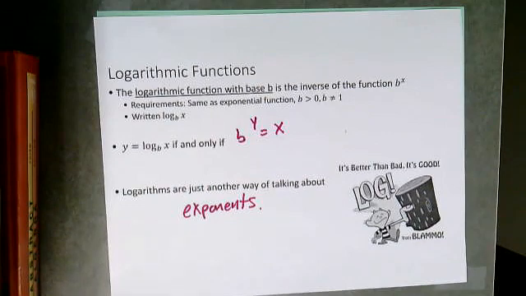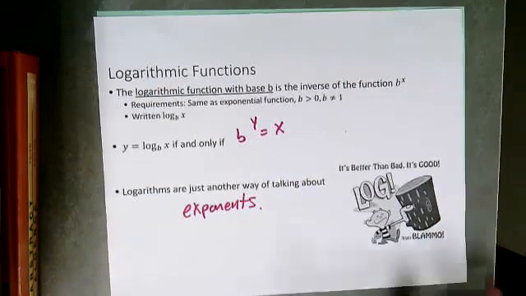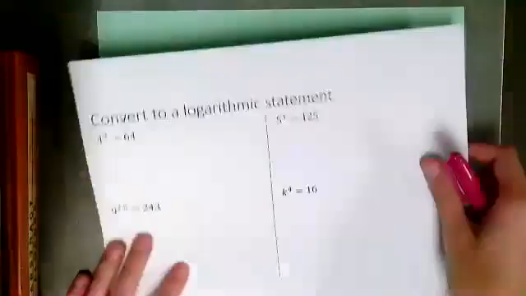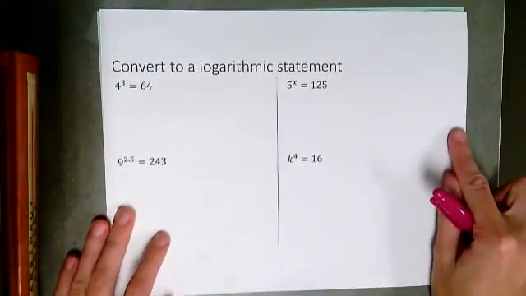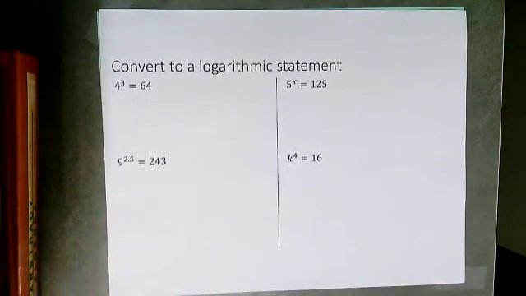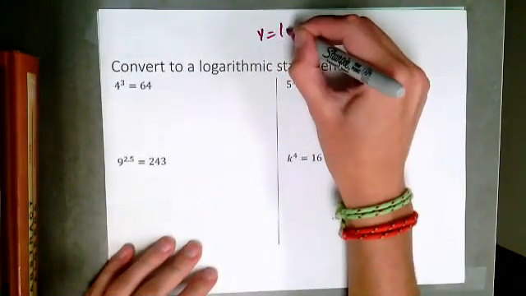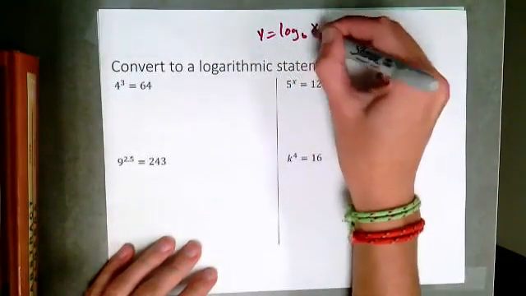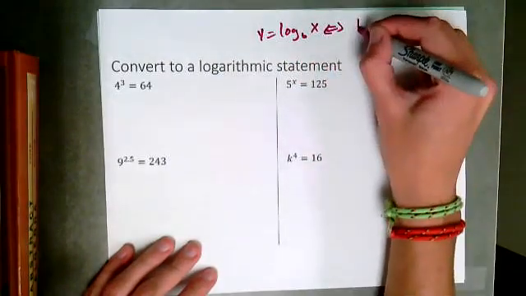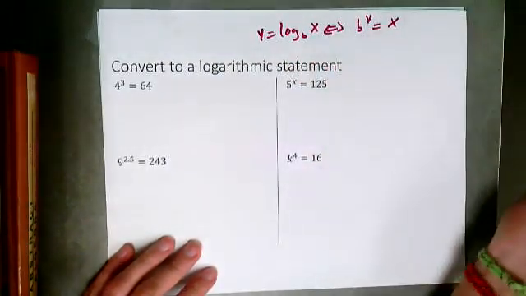When you talk about an exponent, you can be talking about a logarithm or vice versa. In this case, logarithms are another way of talking about exponents. Anyway, let's look at some conversions. Let's change into a logarithmic statement. Remember, y is equal to log base b of x if and only if b to the y is equal to x.